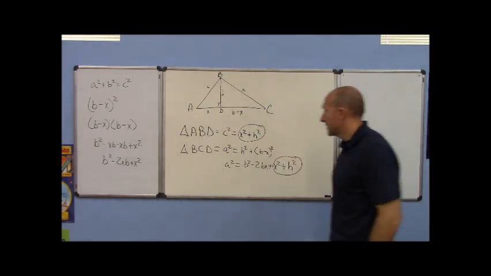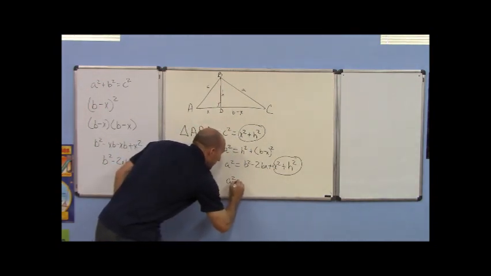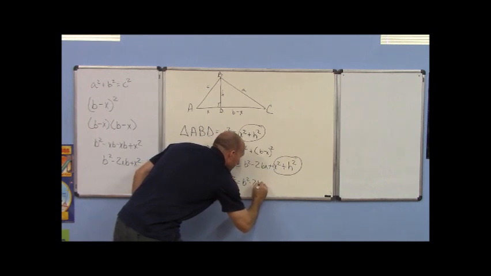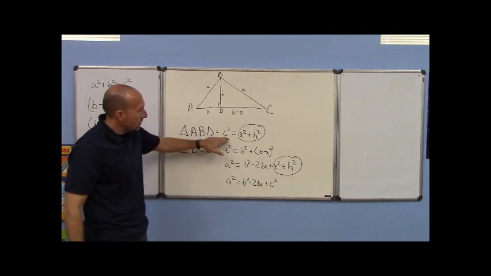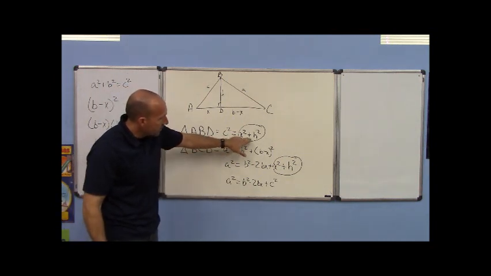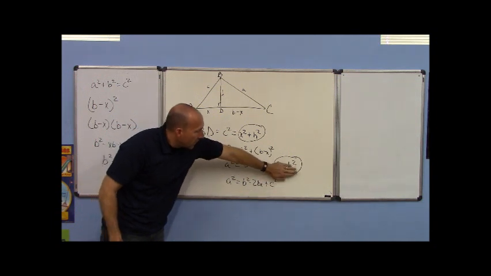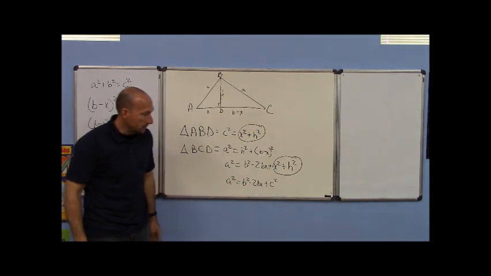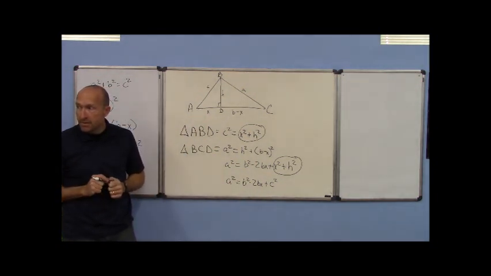So that allows us to do a squared equals b squared minus 2bx plus c squared. Since c squared equals x squared plus h squared, we can take that out and substitute c squared in place of it. Okay? Does that make sense how we got there?